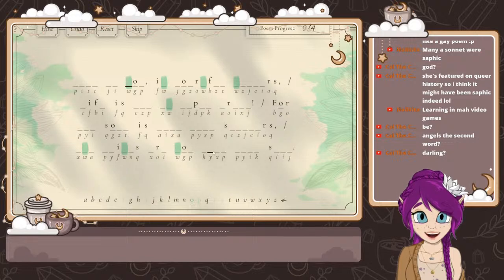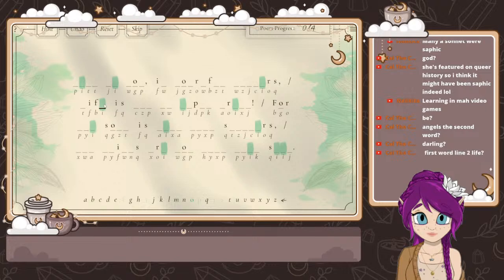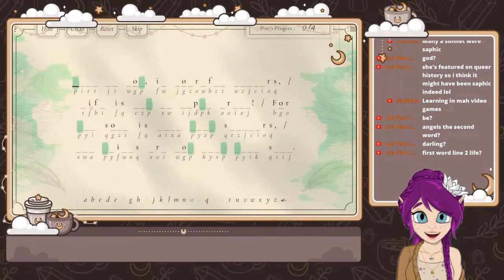For. This word starts with an S. Gifts? Gift? Life? I don't have I. The first word can't be life because the I is already used.